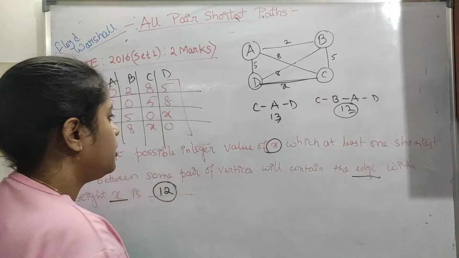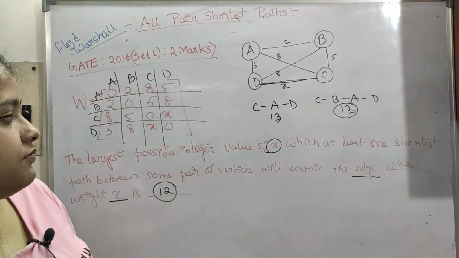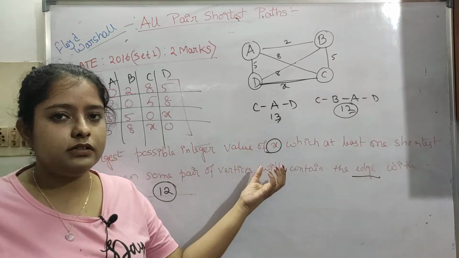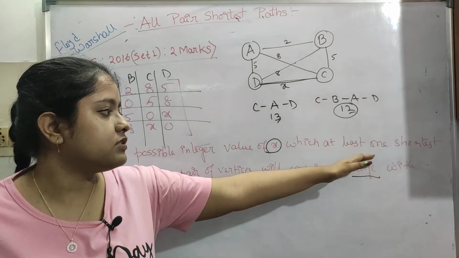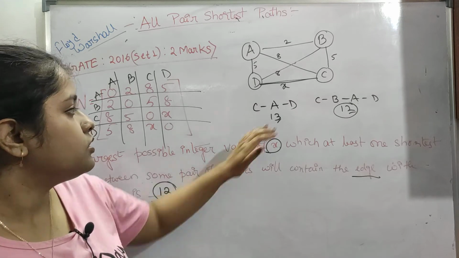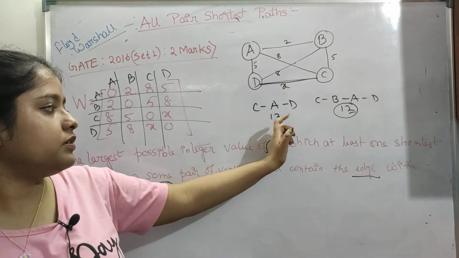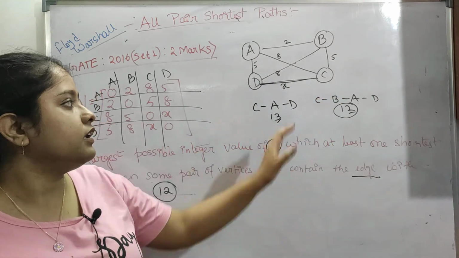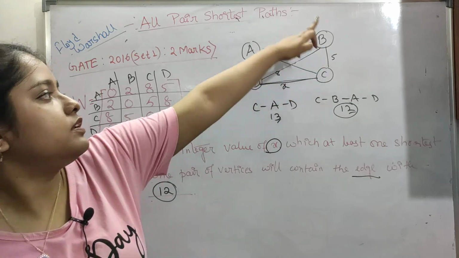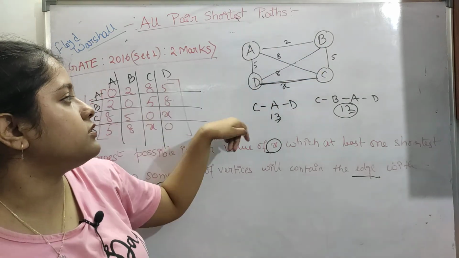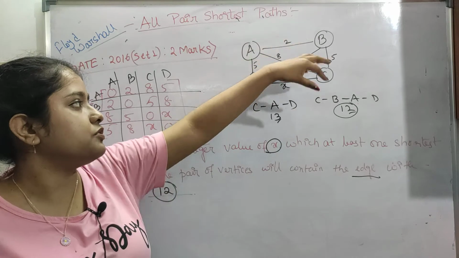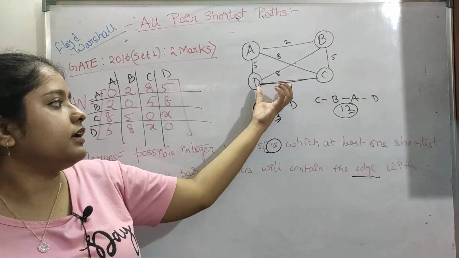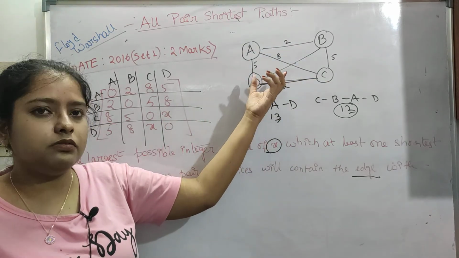Basically this is asking for the largest possible integer value of x for which at least one shortest path will be present. So obviously 13 will not be taken; between 13 and 12, 12 will be taken. The path C, B, A, D is also giving 12, so you can take either, since it is equal.